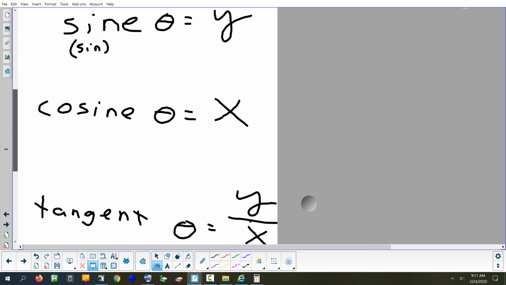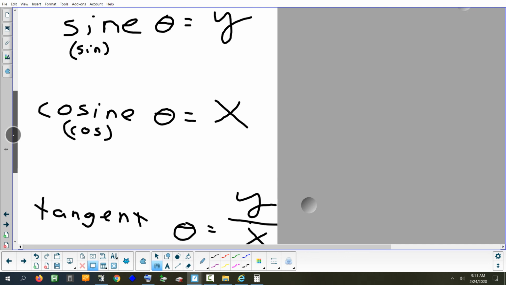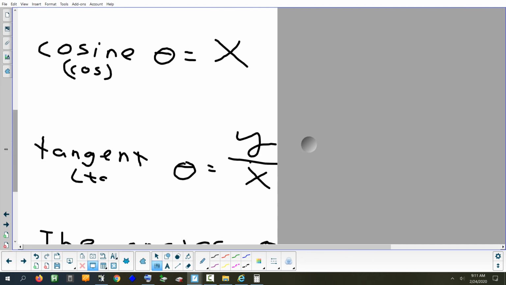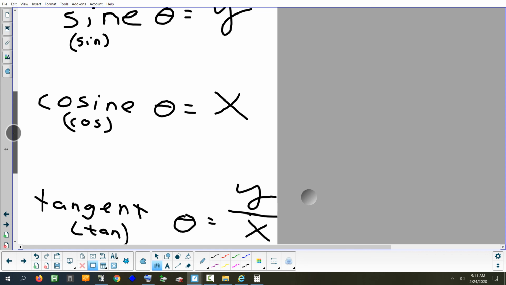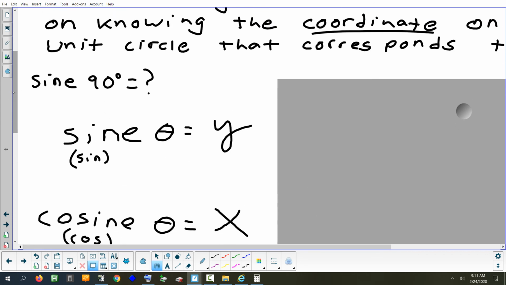You'll see why in a second. That one is cosine. And this one is, for tangent, just TAN. Okay. Questions on those abbreviations? Okay. So those are your first 3.